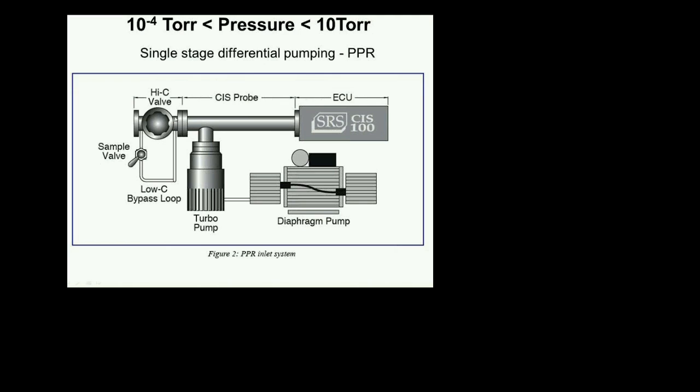And if you call a vendor and say, I want to sample gas, they're going to ask you at what pressure, and they will put all this together for you so that you are able to sample gas at whatever pressure your process is, maximum of about a torr with this configuration. And you'll be able to use the RGA to measure gases at pressures higher than 10 to the minus 4 torr.